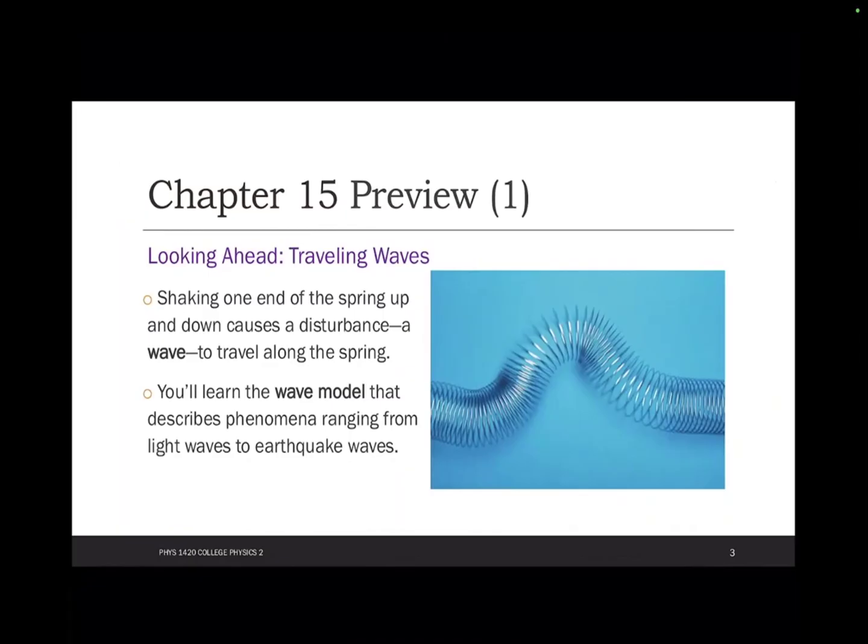For traveling waves, I think from the name you can imagine it: shaking one end of a spring up and down causes a disturbance. It will generate a wave that travels along the spring.